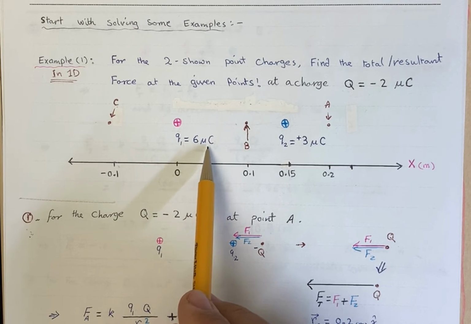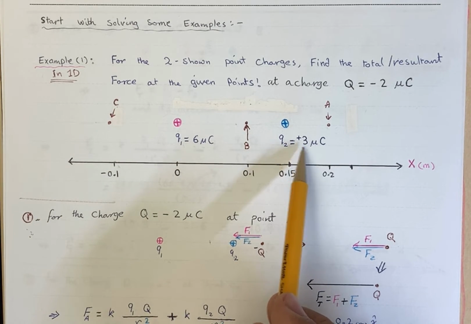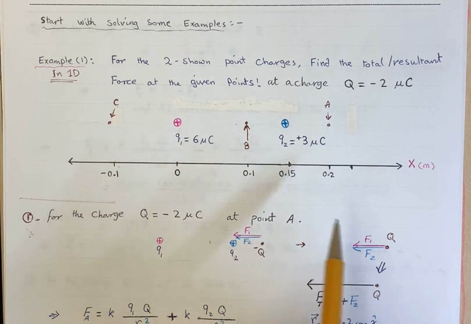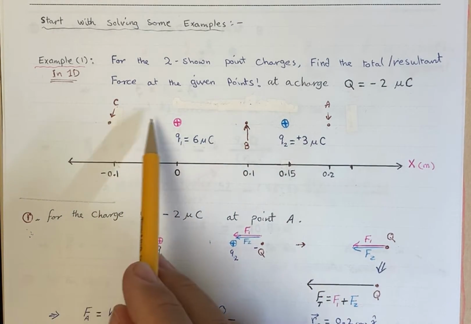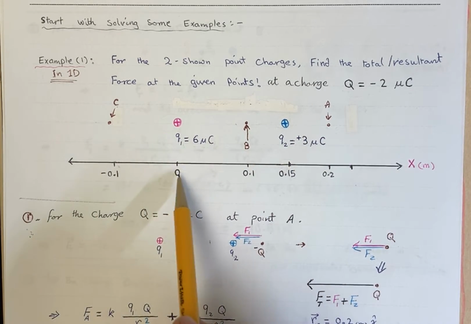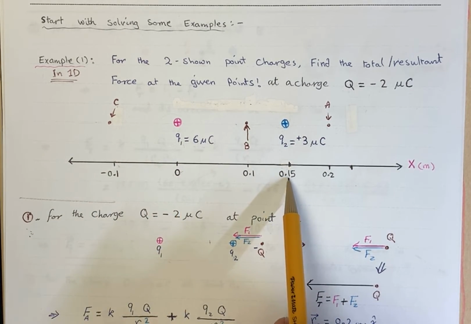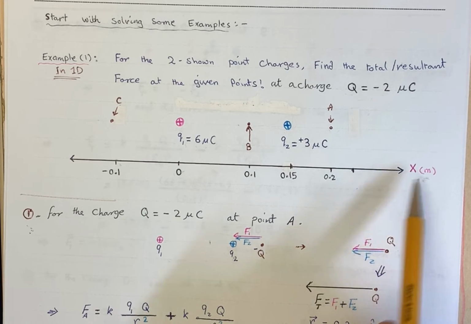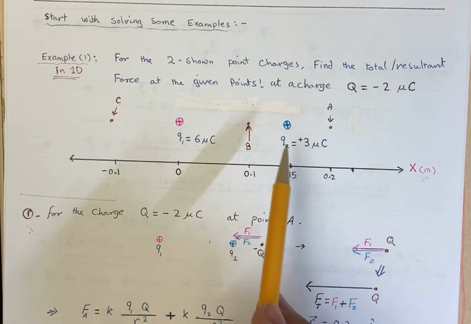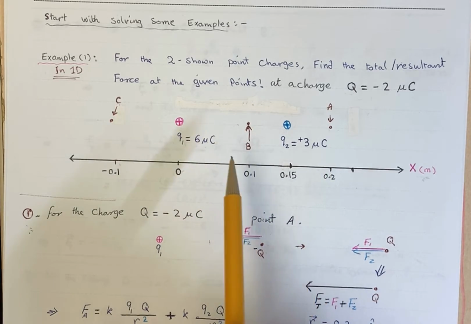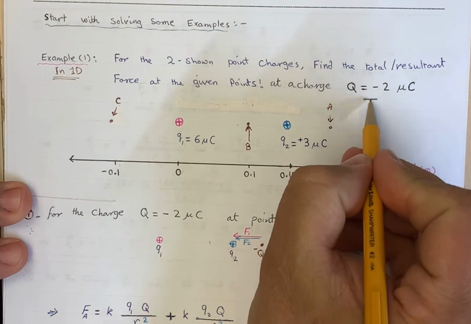Q1 is 6 microcoulomb, Q2 is 3 microcoulomb. Both of them are positive, and they are located at a distance from 0 to 15 centimeters or 0.15 meter. We need to compute the resultant force on a test charge.